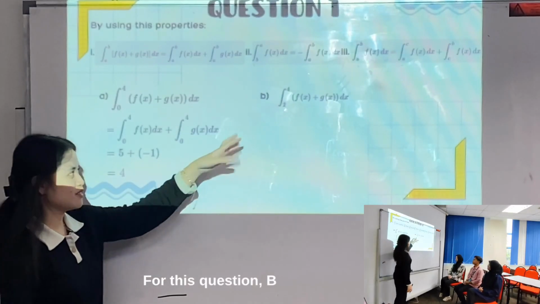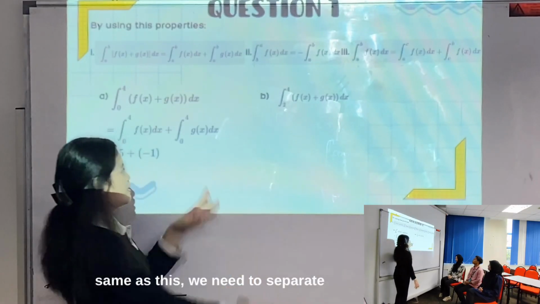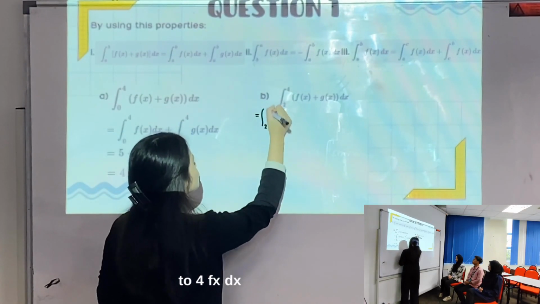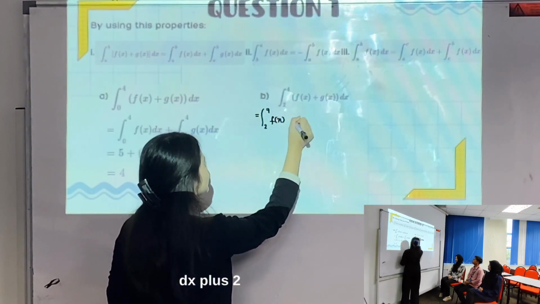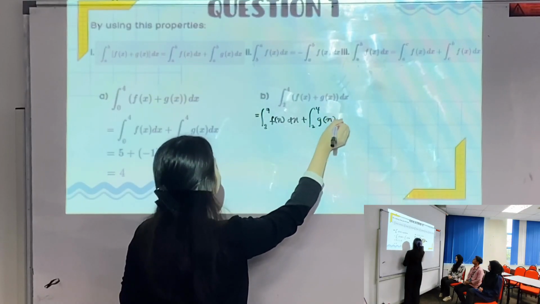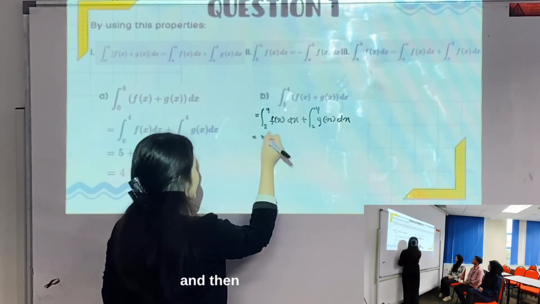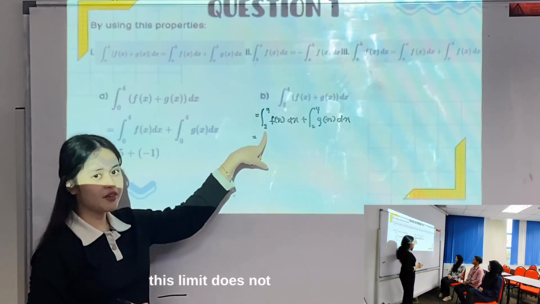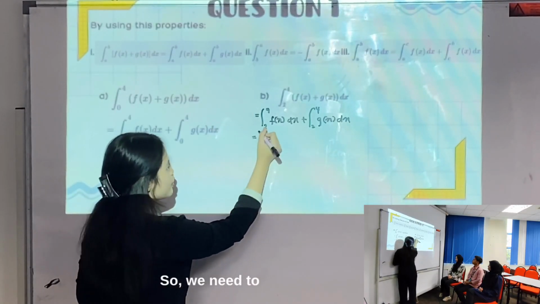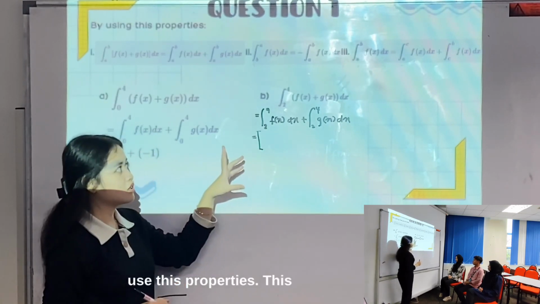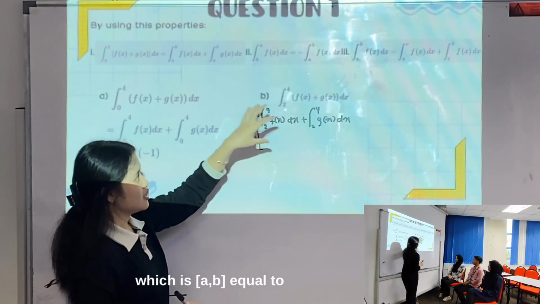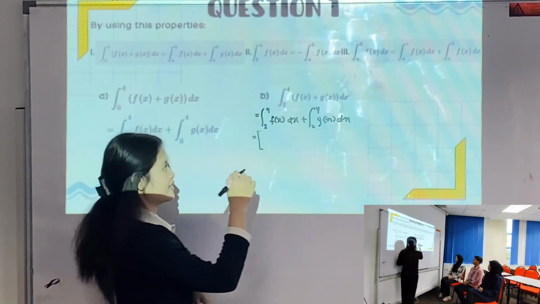For question B, same as this, we need to separate it into the integral from 2 to 4 of f(x) dx plus the integral from 2 to 4 of g(x) dx. And then this limit does not exist in this question, so we need to use this property, which is the integral from a to b equals a to c plus c to b.